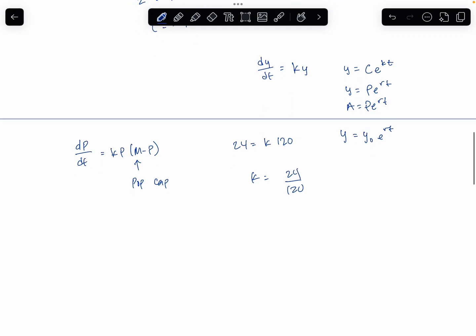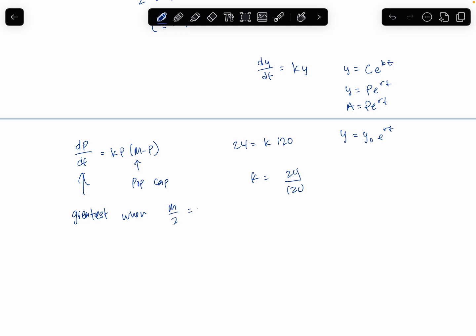And something to note about the population cap: it occurs at the inflection point, or sorry, that's not what I meant to say. The population cap is here. The rate will be its greatest when the population is equal to half of its capacity.